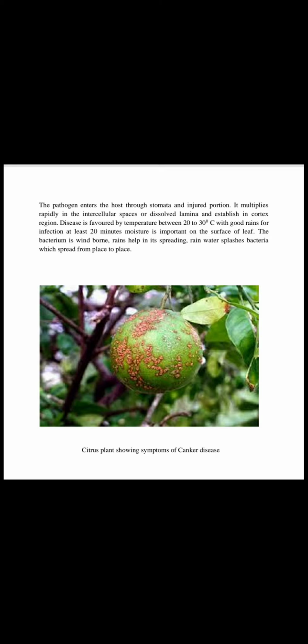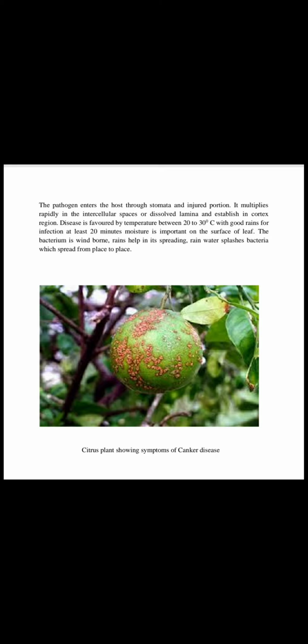This pathogen enters or penetrates the host body through stomata or injured portions. Then it multiplies rapidly in the intercellular space, dissolves the middle lamella and establishes in the cortex region. A temperature between 20 degrees Celsius and 30 degrees Celsius favors this disease.